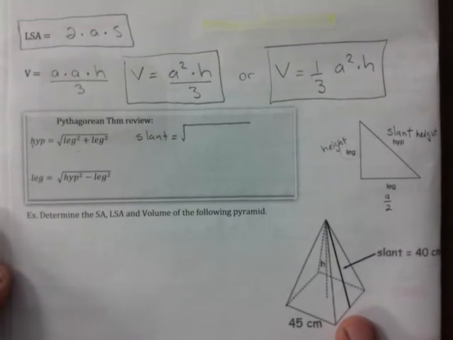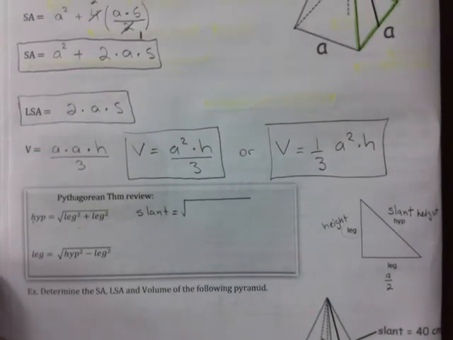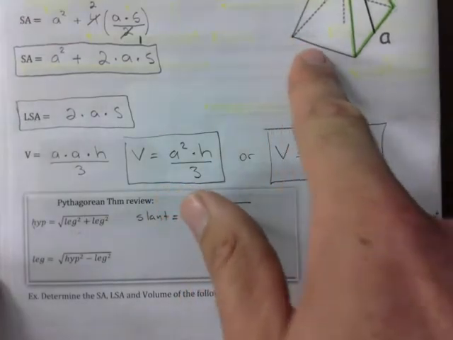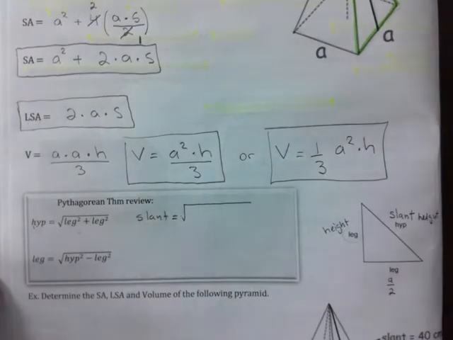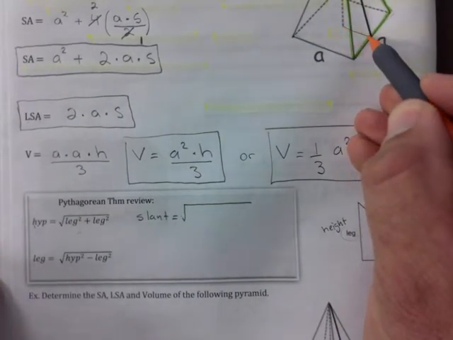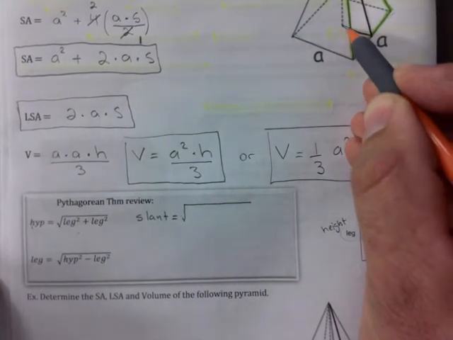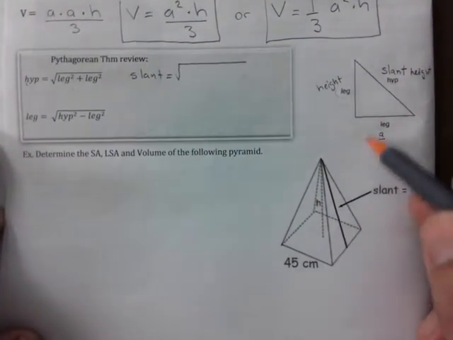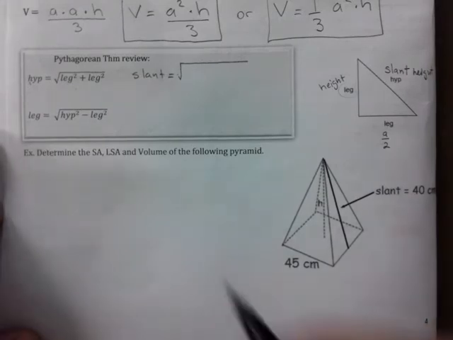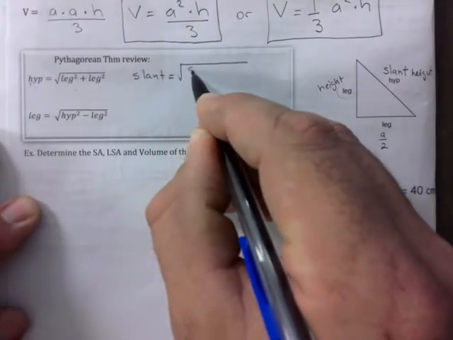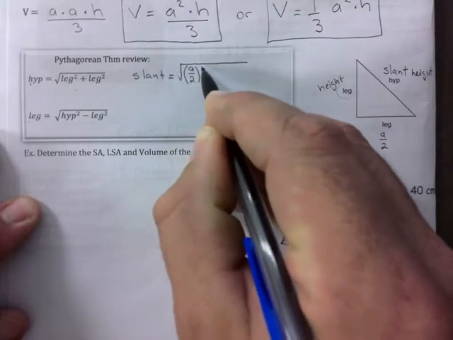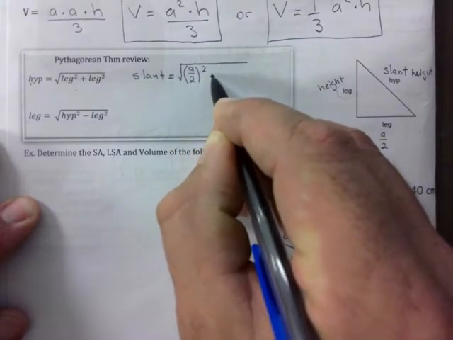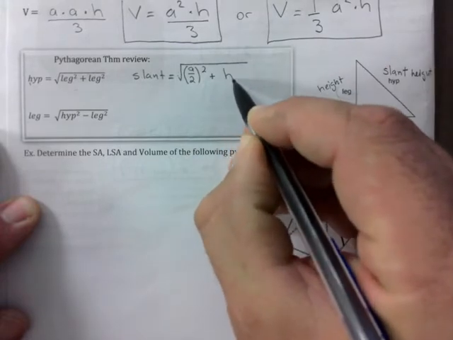Well, go up to this one, way at the top here. One of the sides of this pyramid is A. So if you just want to know this stretch right here, this stretch is A divided by 2, half of it. That's why I call this leg A divided by 2. So the slant height will be found by taking the side of the pyramid, dividing it by 2, then squaring it, plus the height squared.